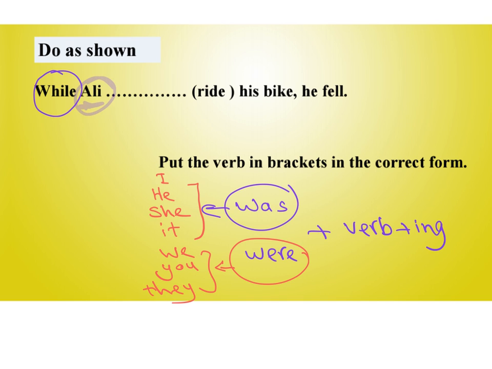Ali means he, and with he we will use was. So the correct answer is was riding. Take care that we will drop the letter E before adding ing.